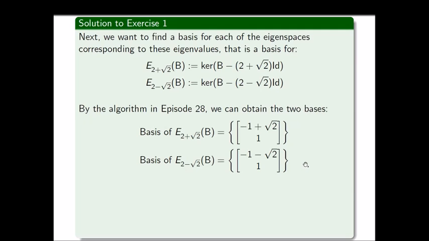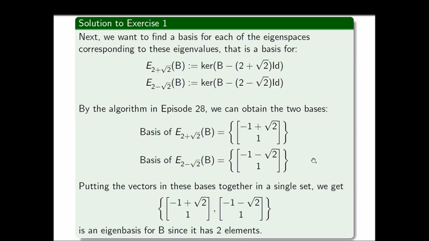So when you put the vectors in these two bases together in a single set, we get a collection of two vectors. This has two elements, and the fact following the algorithm said that they are linearly independent. Therefore, this has to be an eigenbasis.